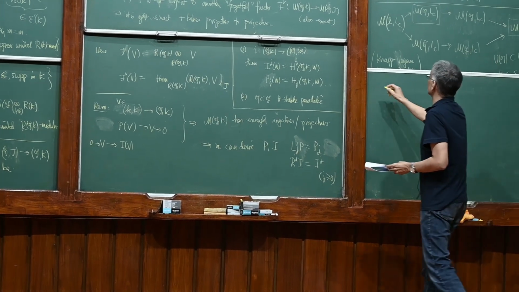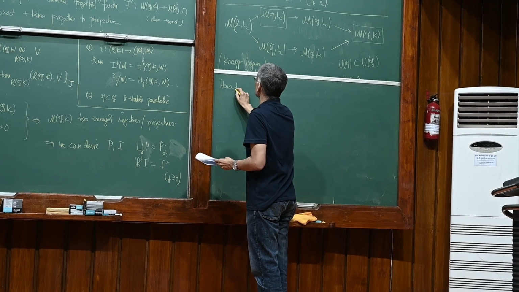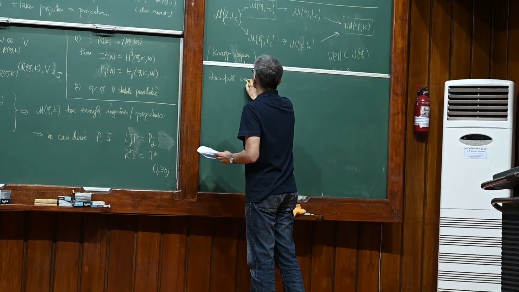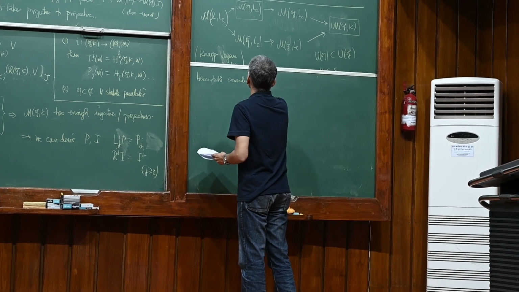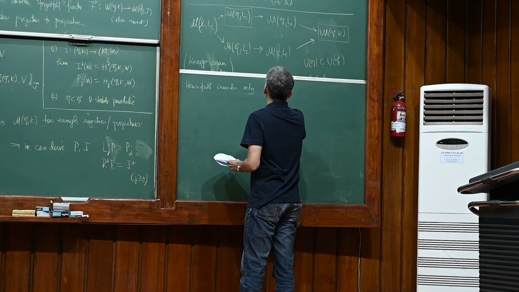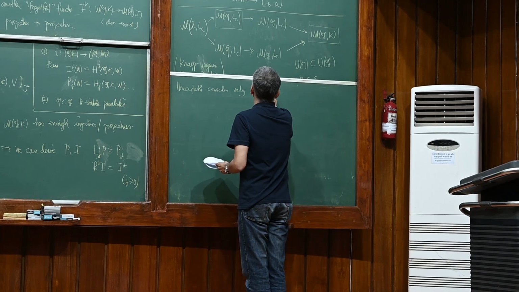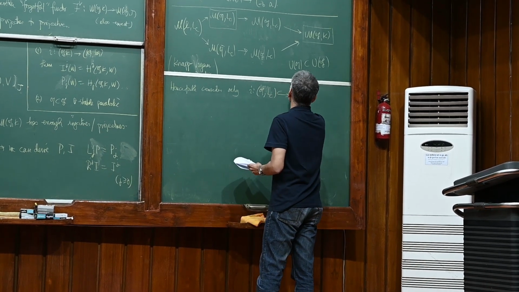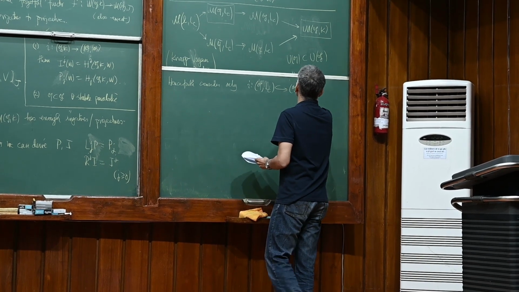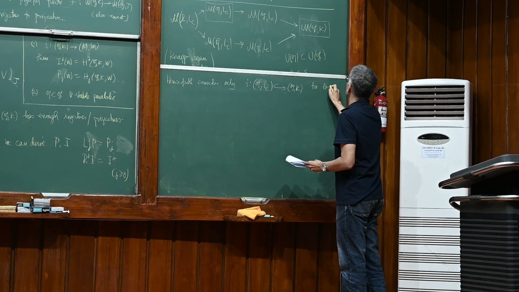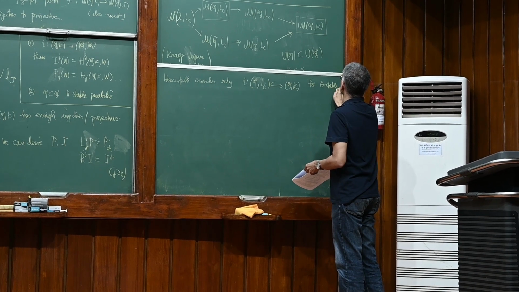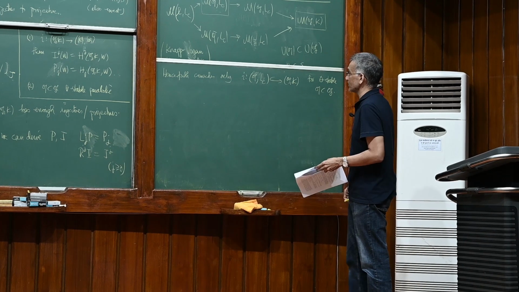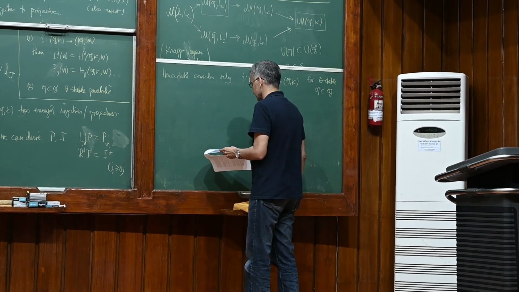So henceforth, the pairs we consider are only the inclusion of pairs coming from a theta stable parabolic. So this now is the notation. Okay, this is just to simplify things.